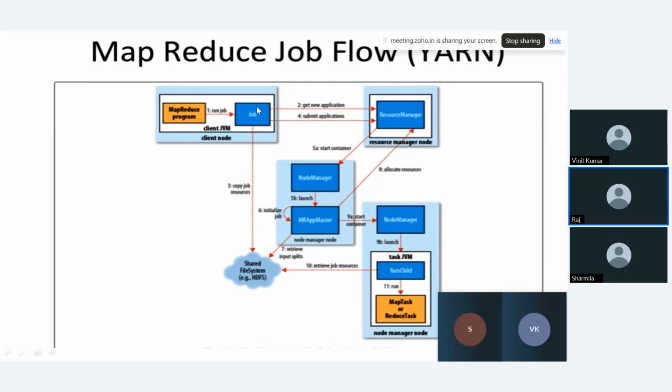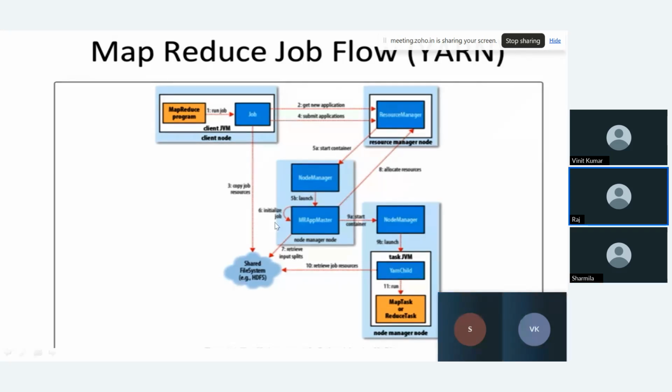Then this job object is going to get the resources from HDFS itself, and once it submits the job application, the resource manager is going to start the container on each of the node managers, and this node manager launches the app master, which is going to coordinate with all the node managers.